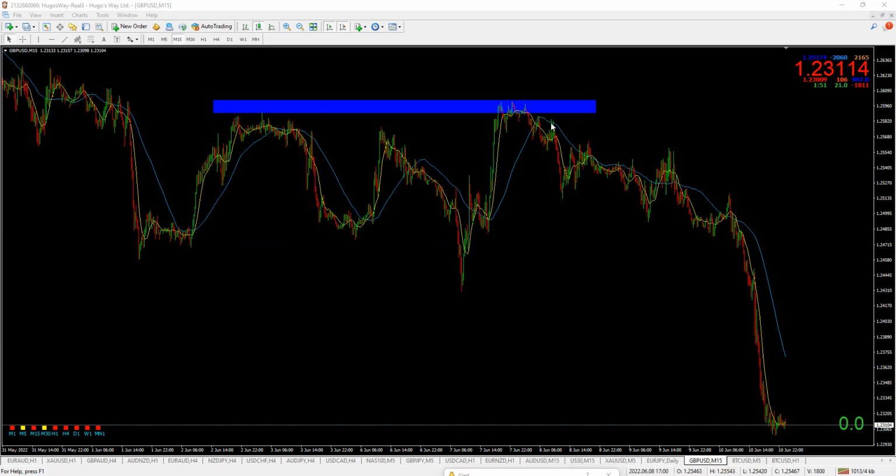Okay, so we have found an area of resistance. What we now want to do is to see if there is a trend. And guess what, guys? It's simple. Usually when price comes off support or resistance, it's usually the beginning of a trend.